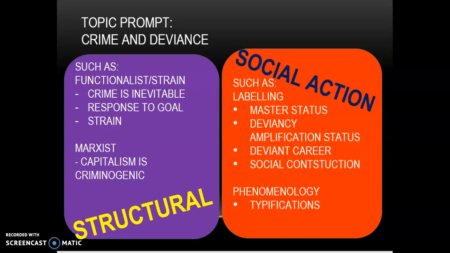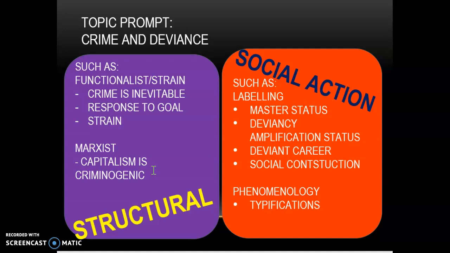For example, Merton's American Dream, and how might some people not be able to achieve it legitimately, so respond in different ways. And again, looking at it from a societal level, Marxists explore how the values of capitalism cause crime, calling it criminogenic capitalism. So how the social forces of capitalism influence individual behaviour.